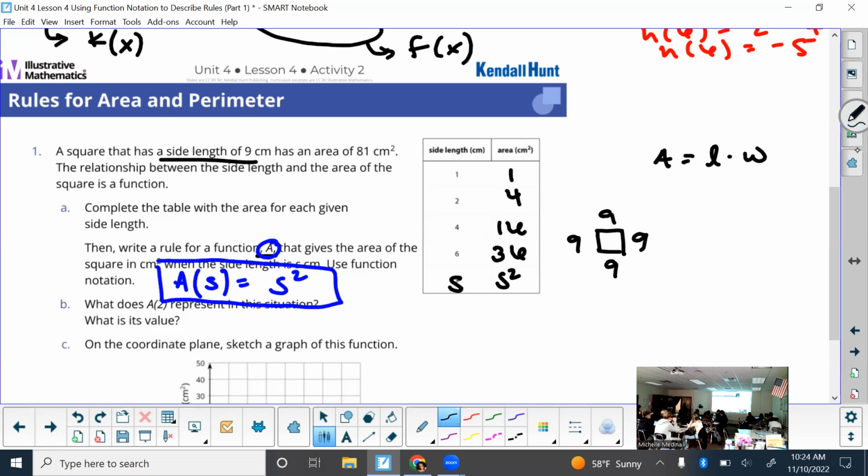So then, another great test question. What would A of 2 represent? Area where. So 4 is its value. That's its value. That's the second question of this. What does the A of 2 represent?